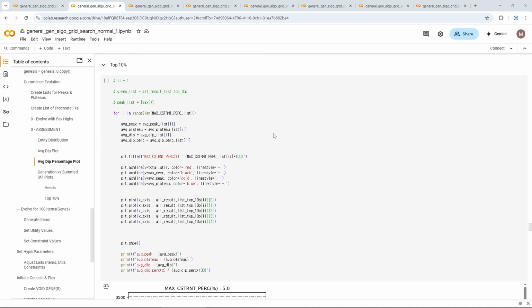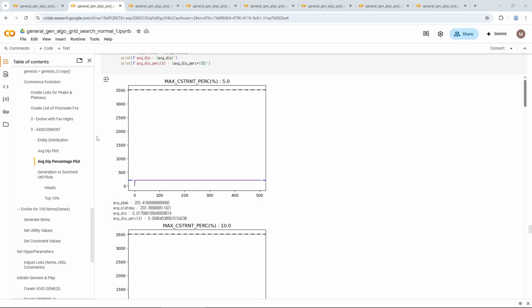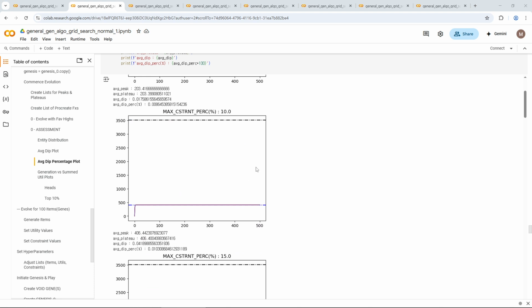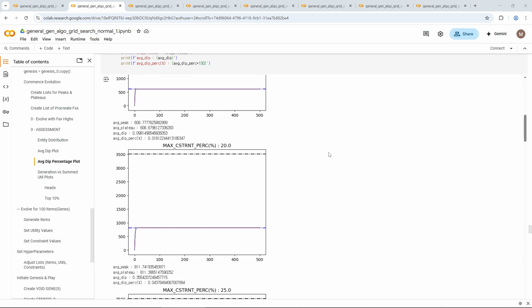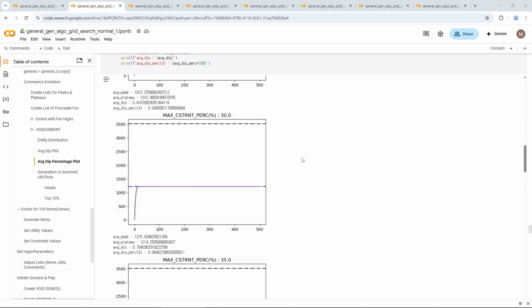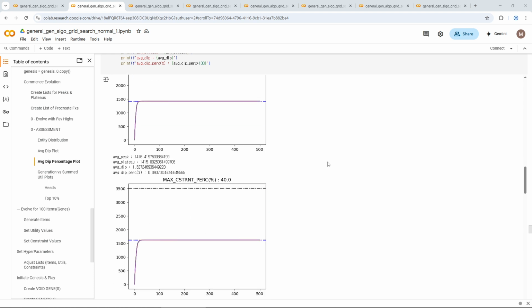Now, let's have a look at the plots for the top 10%. 5%, almost no progress. 10%, same. 15%, same. 20%, same. 25%, same. 30%, same. 35%, same.